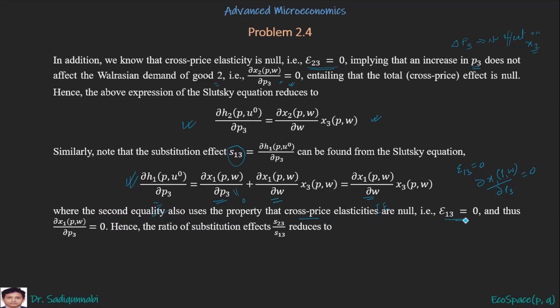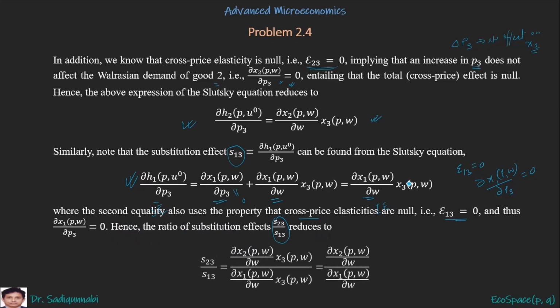Hence, the ratio of substitution effect becomes this divided by this, and common factor x3 cancels out.